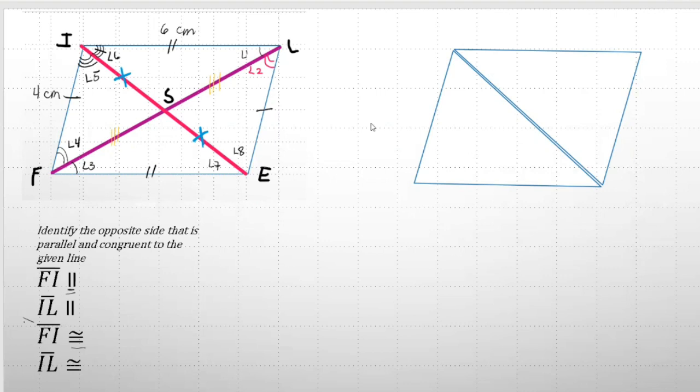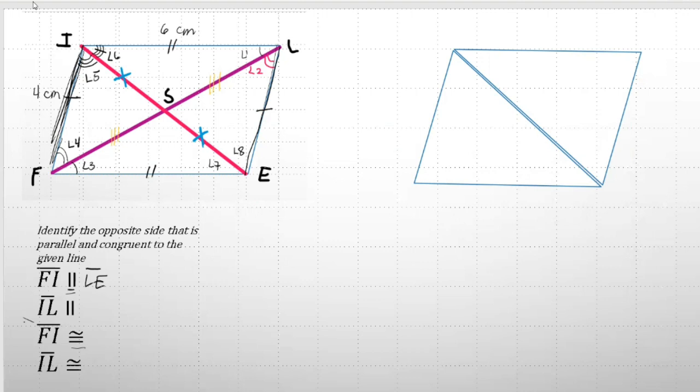Okay, so now, without considering the shape or size of our opposite side, the parallel side to line segment FI is yung ating line segment LE. So we can say that line FI is parallel to line LE. So these are the lines that are parallel.